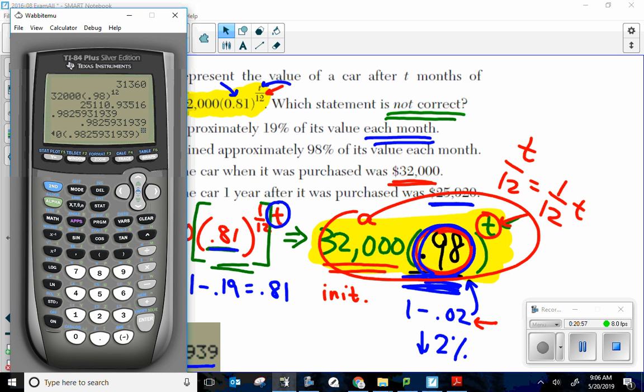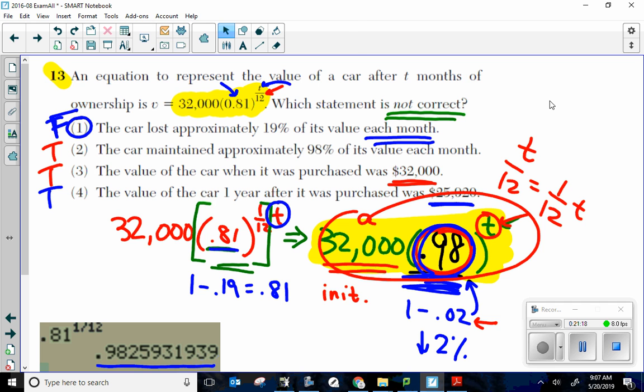Now that's not truncated at all. That should be a lot closer to, yep, $25,920 exactly. Wow. Craziness. Put a lot of explanation into that when we could have stopped when we found out the first one was false. Yeah, what are you going to do?